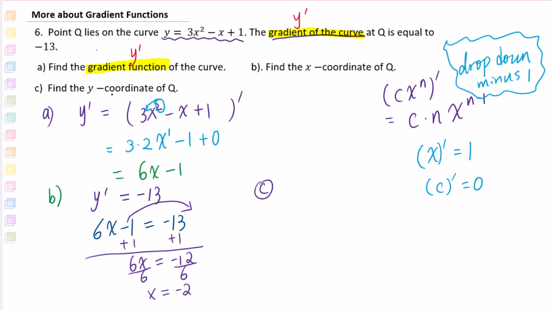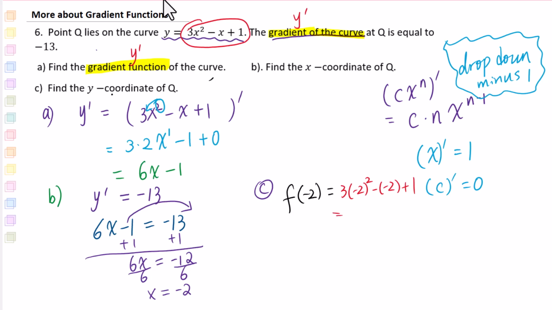Let's go to C. Find the y coordinate of Q. Basically, we need to plug in f of negative 2 equals. We will change every single x into negative 2: 3 times negative 2 squared minus negative 2 plus 1.